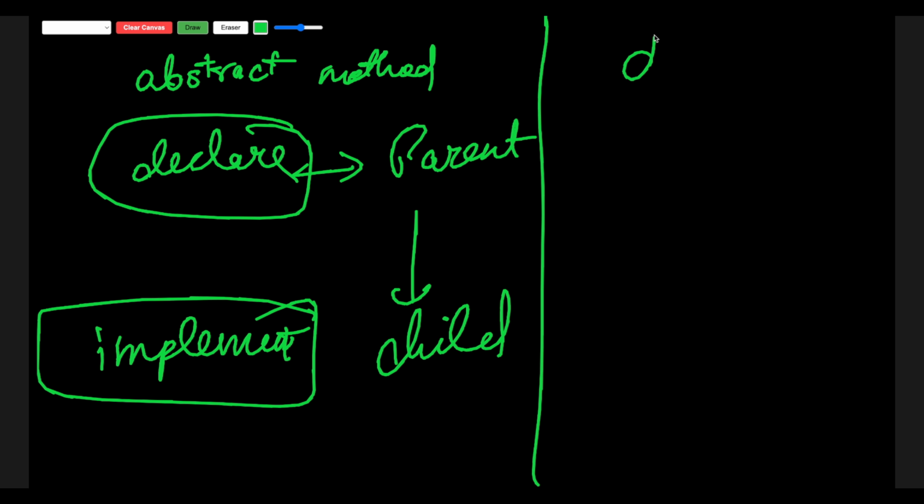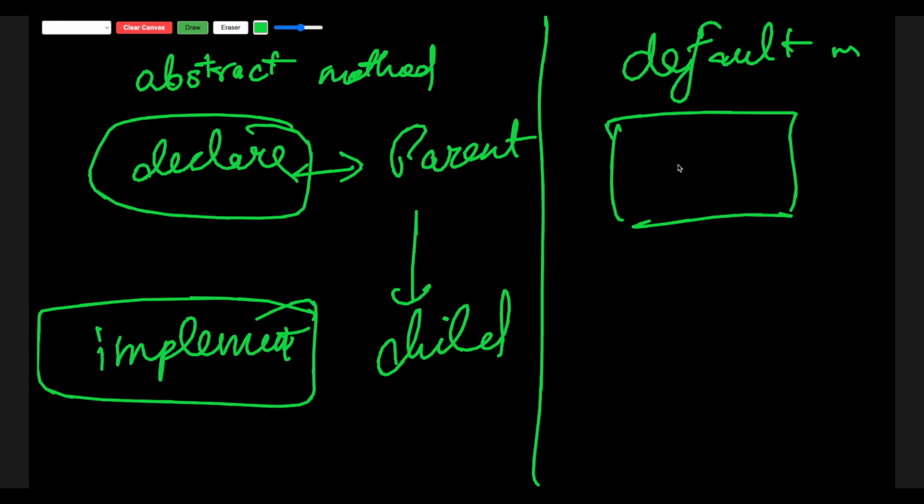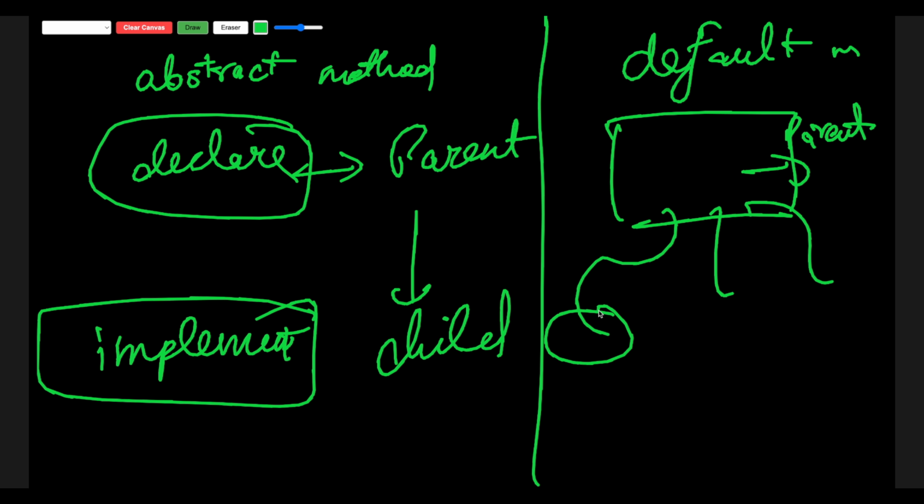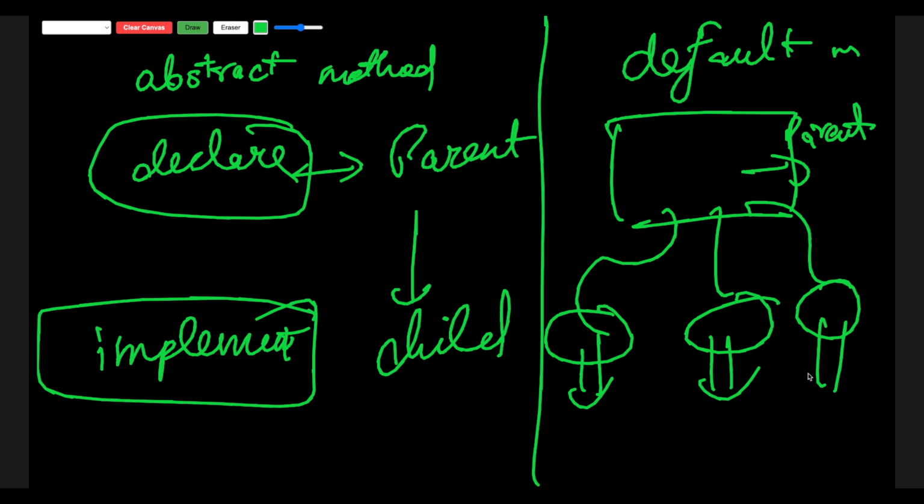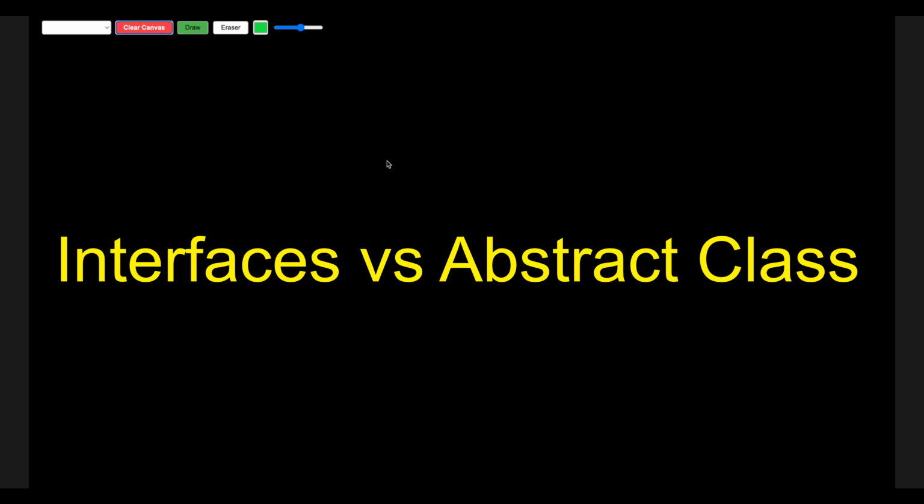But with the default method, you add the implementation inside the parent class itself, which is common to every subclass which will inherit it. But with the default methods, you can also override the implementation. So this is the basic difference between the abstract methods and the default methods. So this is all about these three methods.